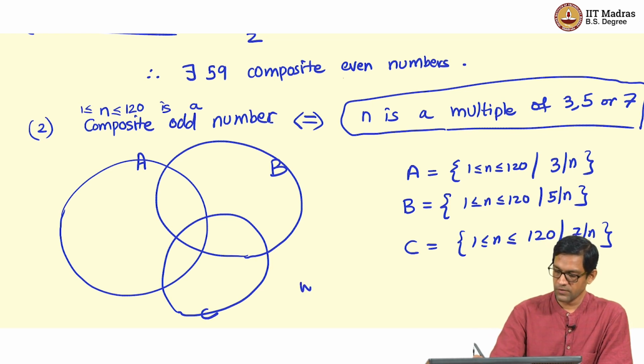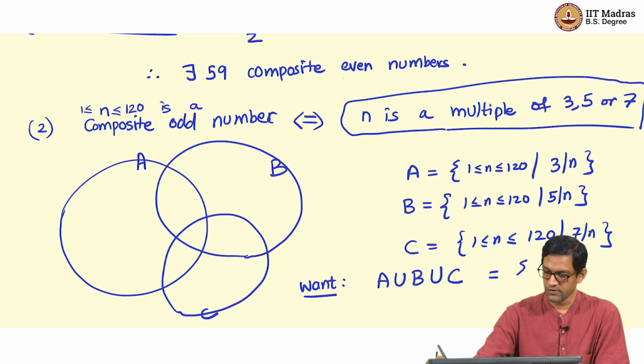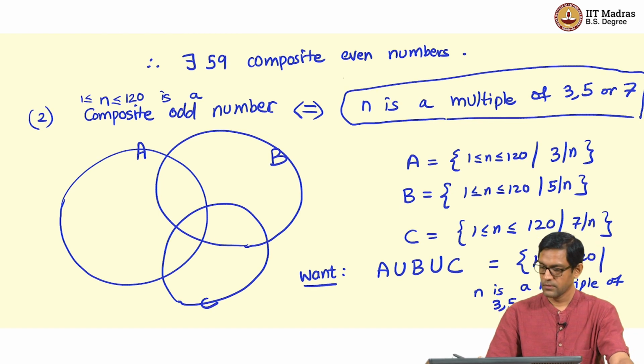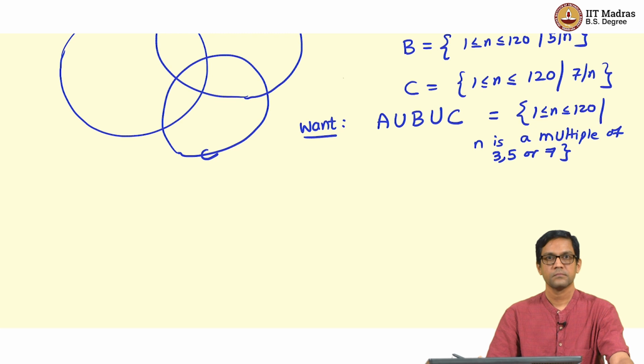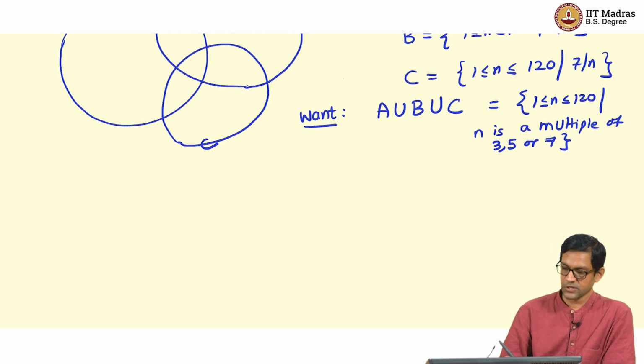So what we are interested in is the set A union B union C, which is exactly the set of numbers from 1 to 120 such that n is a multiple of 3, 5 or 7. Now that is where inclusion exclusion kicks in.